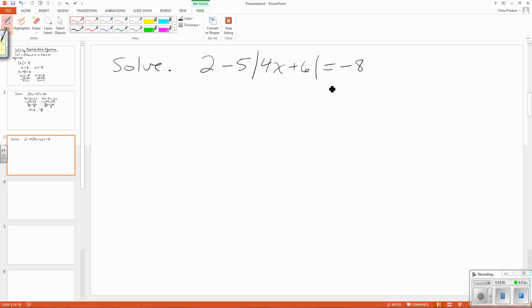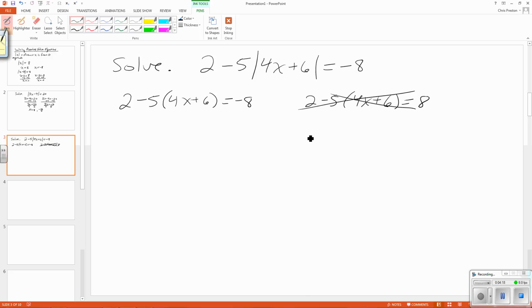I might be tempted to say something like this: 2 - 5 times (4x plus 6) equals -8, and 2 minus 5 times (4x plus 6) equals +8. That might be a temptation. And what I would find out is if I worked out these two problems, this one would not actually give me a correct answer. So that's not going to work. So I've got to think about another way to approach this.